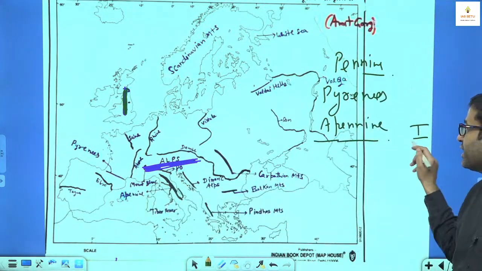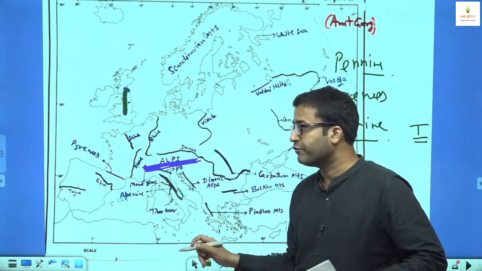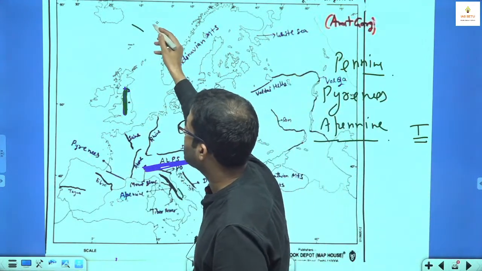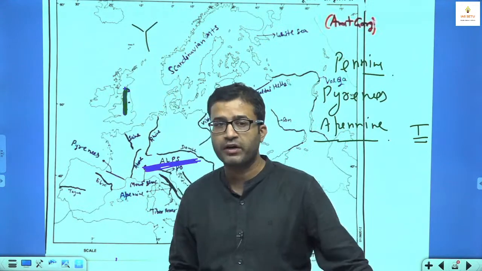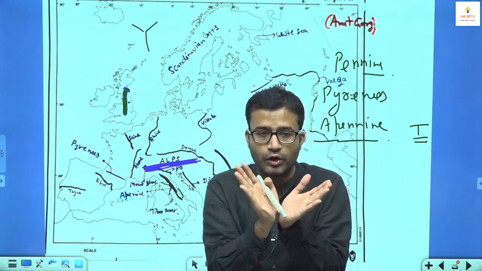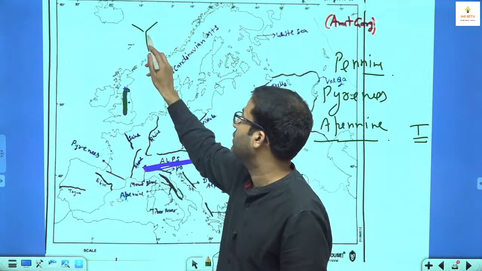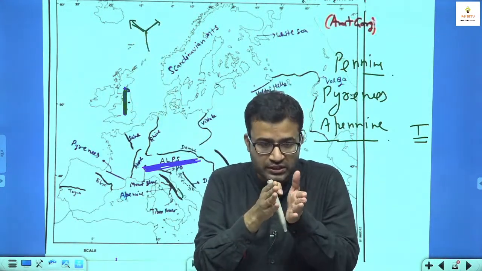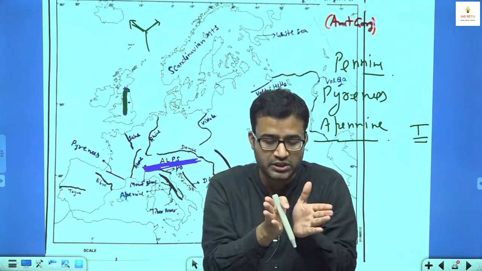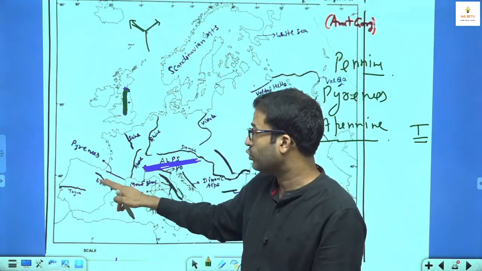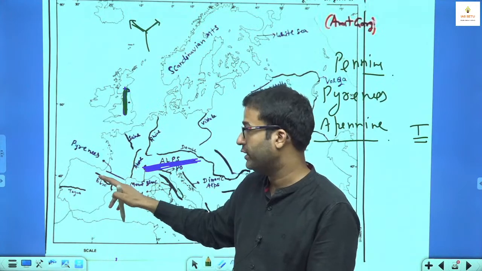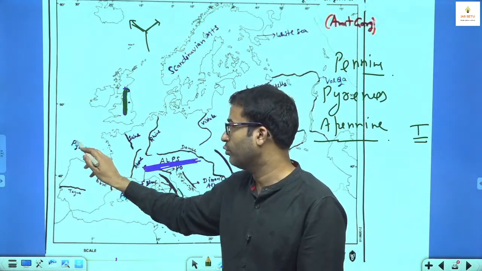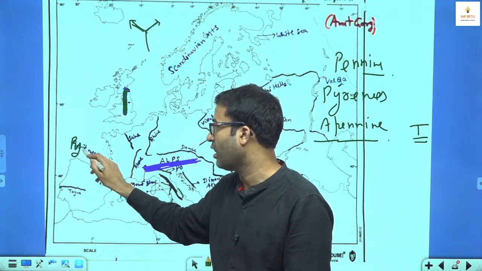So this is AI. After that, if you see the shape of Y, you will find it is bifurcated or divided into parts. This Y symbol suggests it is divided in 2 parts. So what divides Spain and France, that is Y. So look at the name, PYRE.